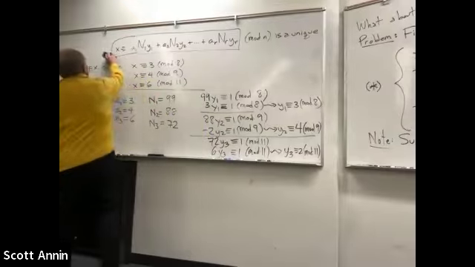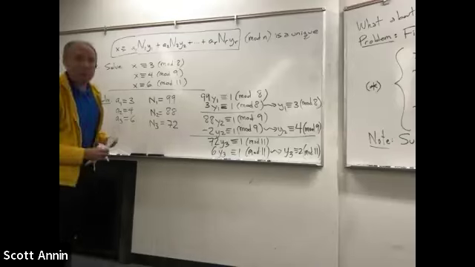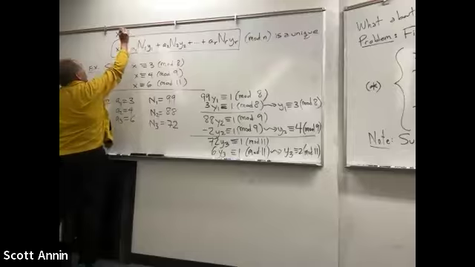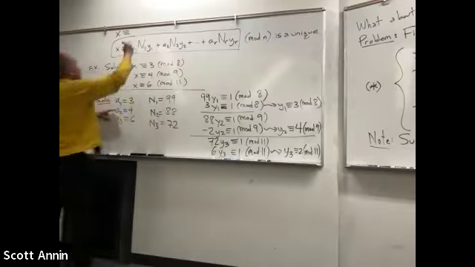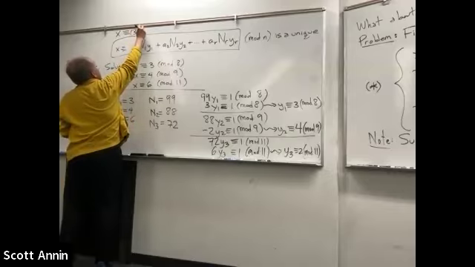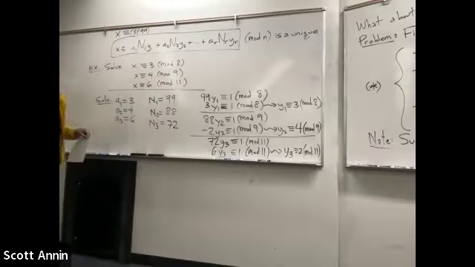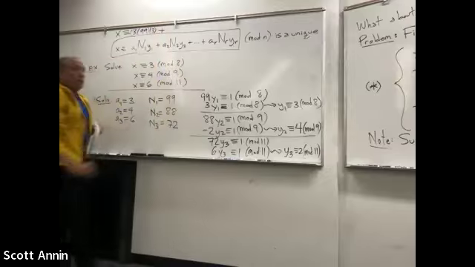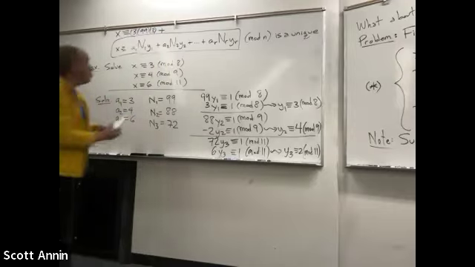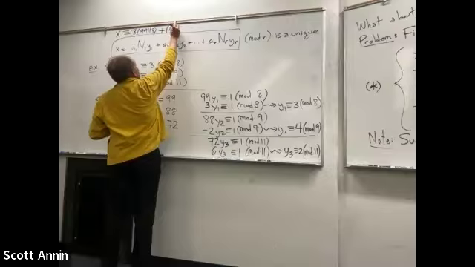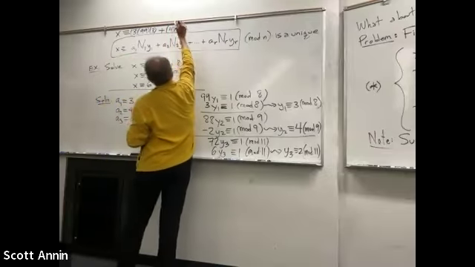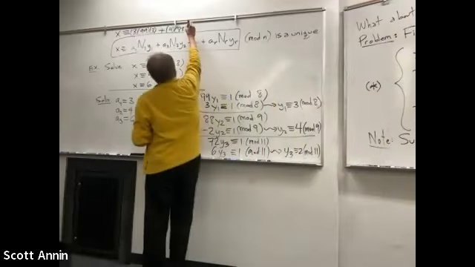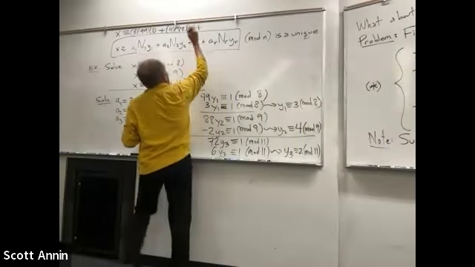So what is our final x solution? Maybe I'll try and write it up at the top here. The x will be congruent to a1, which is 3, times n1, which is 99, times y1, which is 3, plus a2, which was 4, times n2, which was 88, times y2, which was also 4.